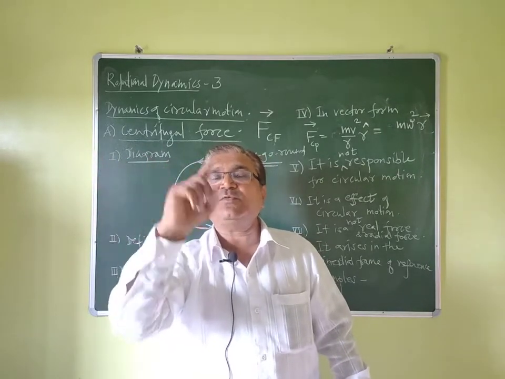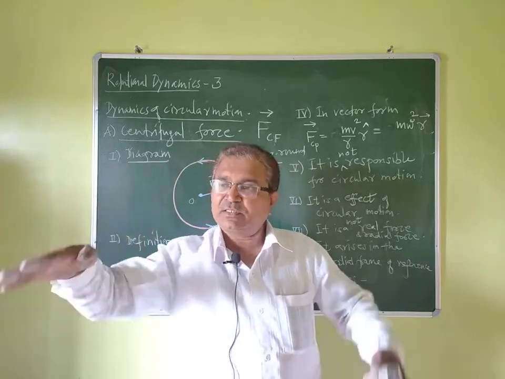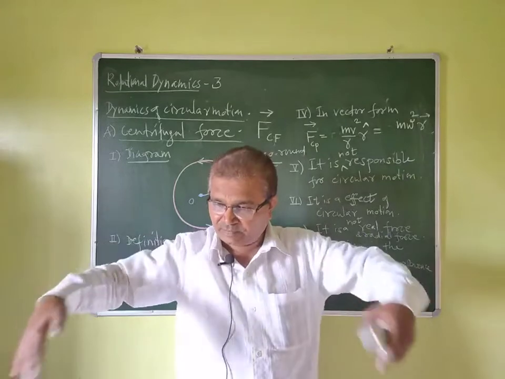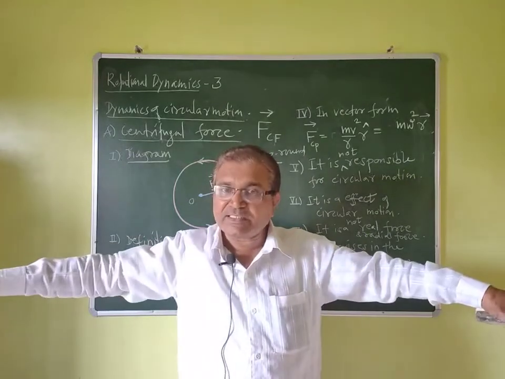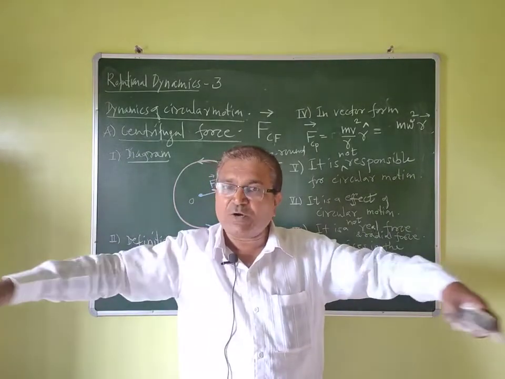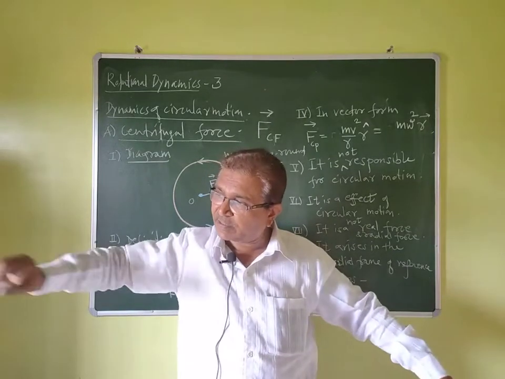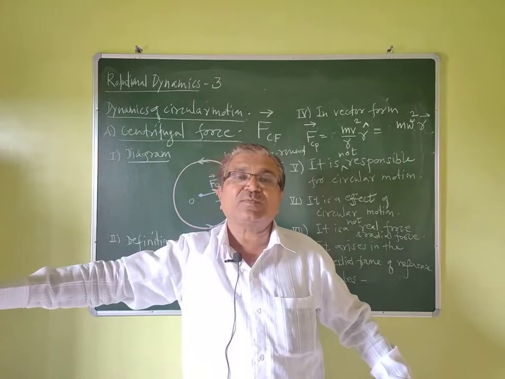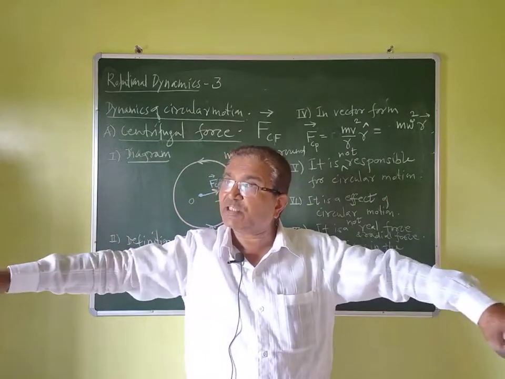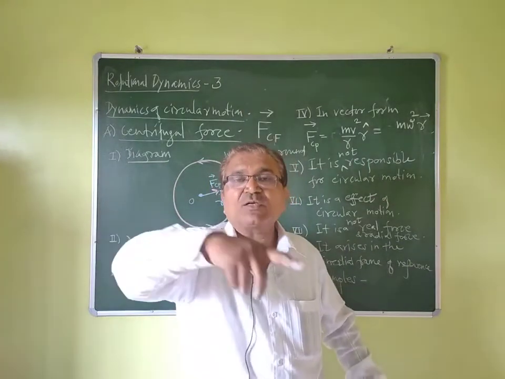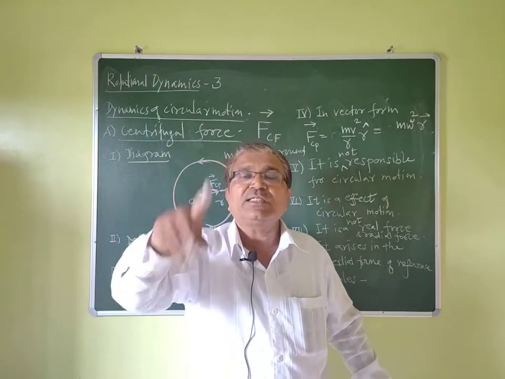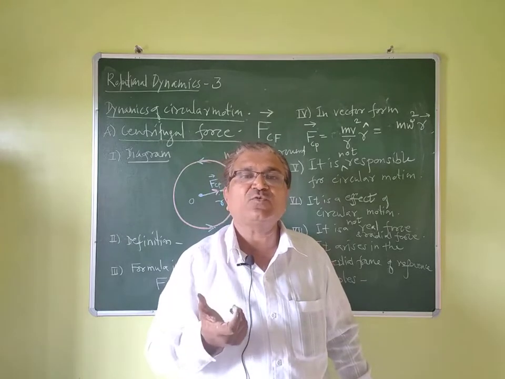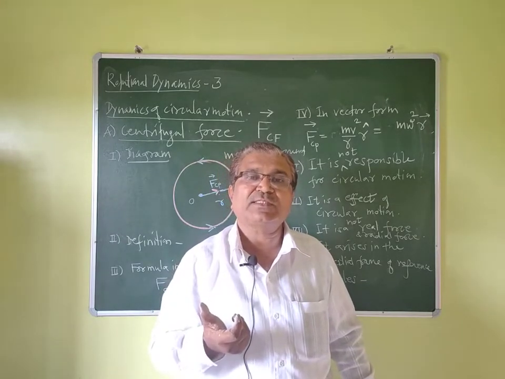So at the time of revolution, the strings stretch in the outward direction and the chairs move outward. This bending of the string in the outward direction during the circular motion is due to the centrifugal force. It is called a pseudo force.